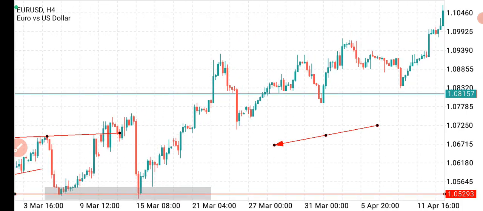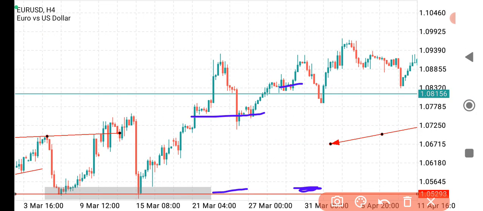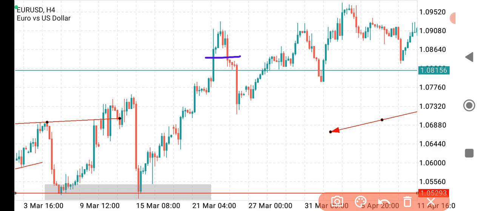Okay, then after that, you see that the market moves to make a high and then a low. It's another higher high, higher low, higher high, higher low.